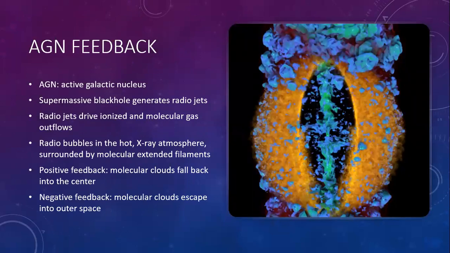So first of all, I want to talk about some background information of the AGN feedback. AGN, or active galactic nucleus, is a compact region at the center of a galaxy that has a much higher than normal luminosity, for which the emission has been observed in all radio, microwave, infrared, optical, ultraviolet, X-ray, and gamma ray wavebands.